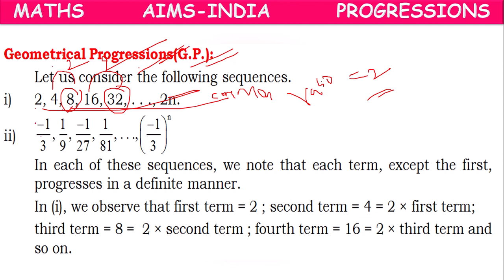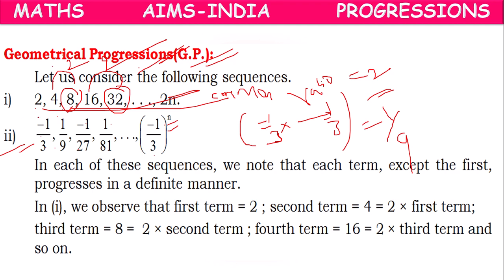If you observe another sequence, minus 1 by 3, 1 by 9, minus 1 by 27, 1 by 81, up to minus 1 by 3 whole power n, minus 1 by 3 into minus 1 by 3 equals 1 by 9.